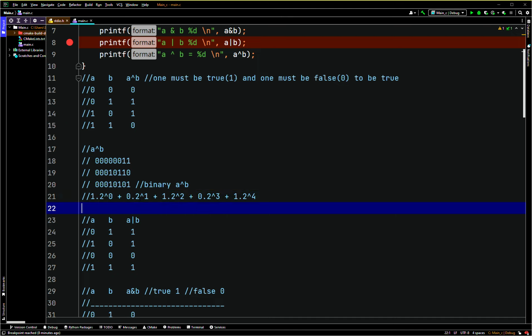So we have 2 zeros here. We can just cancel those. So we'll do that here. So we have 1 times 2 to the power of 0. That's going to be 1. 0 times 2 to the power of 1. That's going to be 0. Plus 1 times 2 to the power of 2. So that's going to be 1 times 2 times 2, so that's going to be 4.